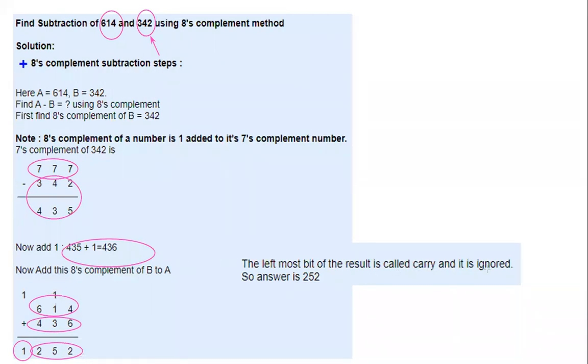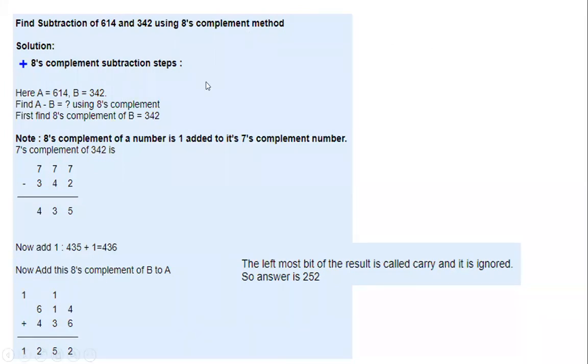If the carry is generated, then you have to ignore the carry. If carry is not generated, what you have to do? You have to take the 8's complement of the number. So this is the 8's complement method.